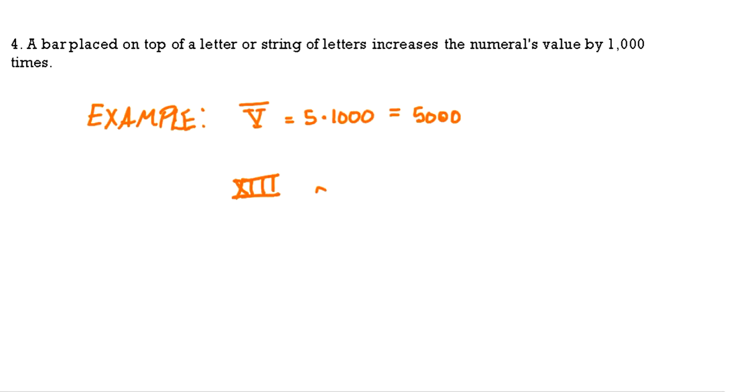It's 13, correct? Okay. So without the bar, it's just 13. And so with a bar, let's add our bar on top, okay? Bar separate from the numbers. So then with the bar, it's times 1,000. So this makes this 13,000. Okay. Simple as that. The bar is times 1,000.